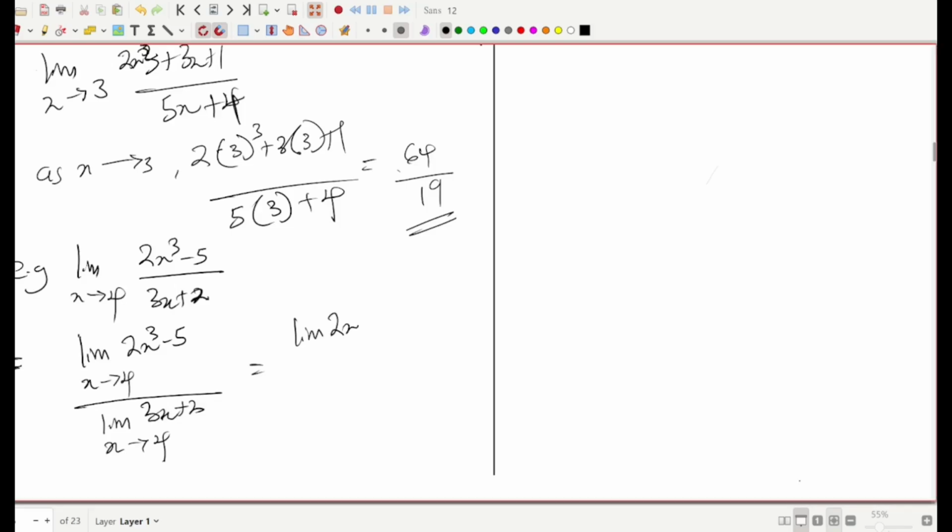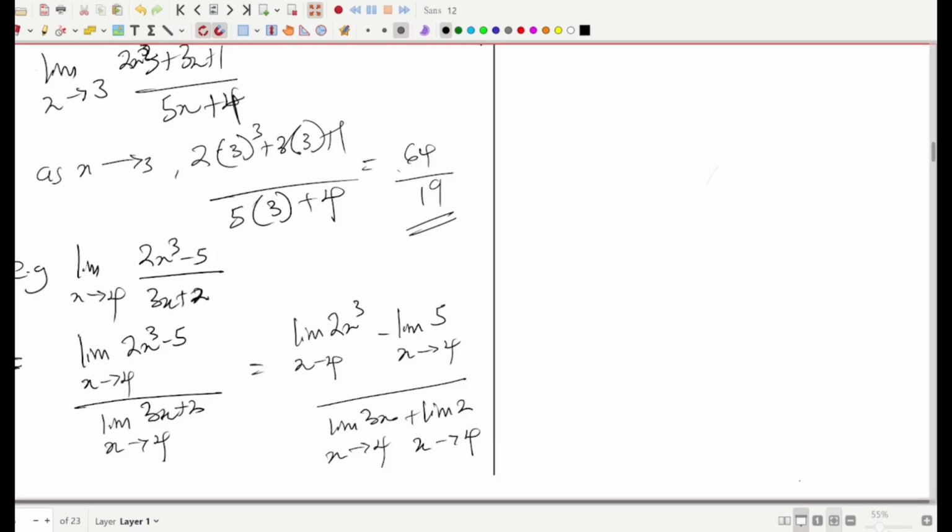So limit of 2x cubed as x approaches 4 minus the limit of 5 as x approaches 4 divided by the limit of 3x as x approaches 4 plus limit of 2 as x approaches 4.